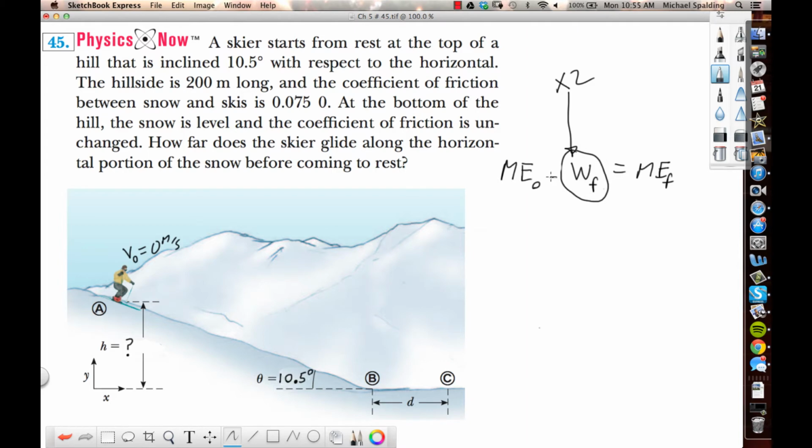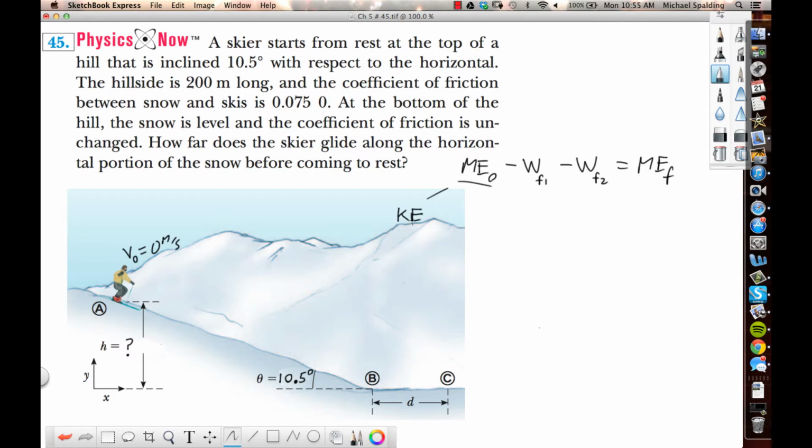So what this is really going to look like, let's start over again. We're going to go mechanical energy initial minus work of friction 1 minus work of friction 2 equals mechanical energy final. Okay? All right, so what's mechanical energy initial? Well, I'm going to write the whole thing out.